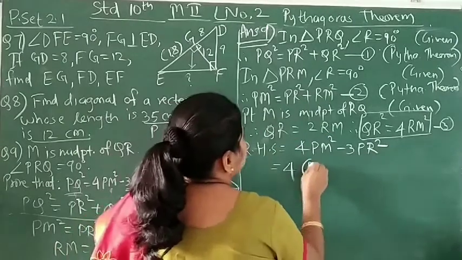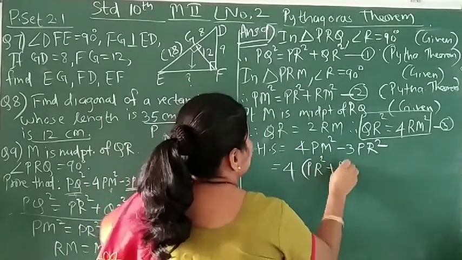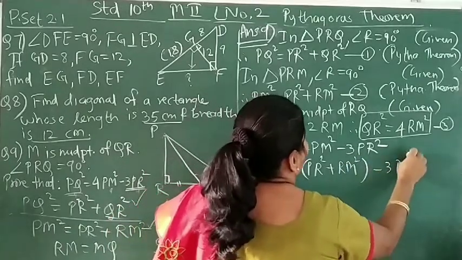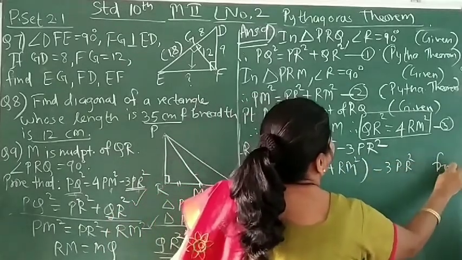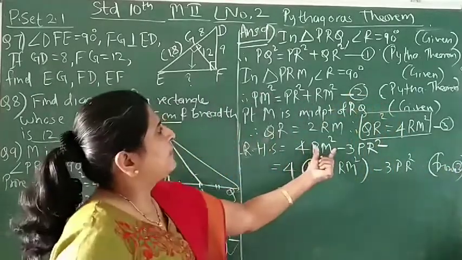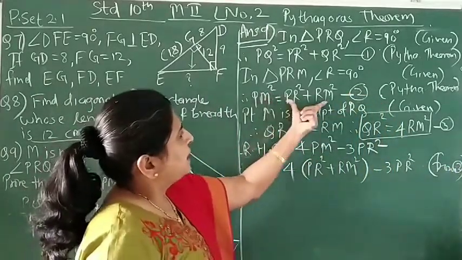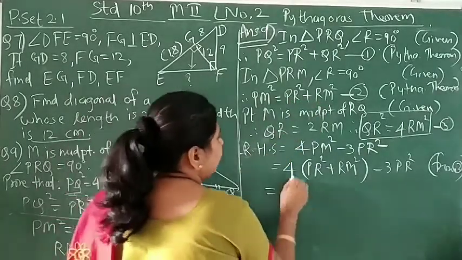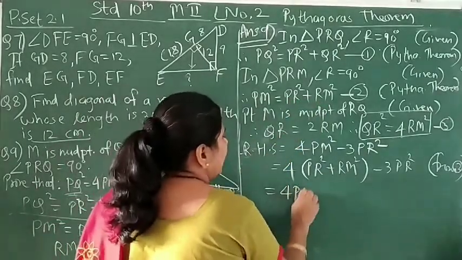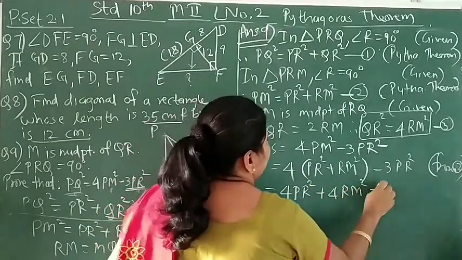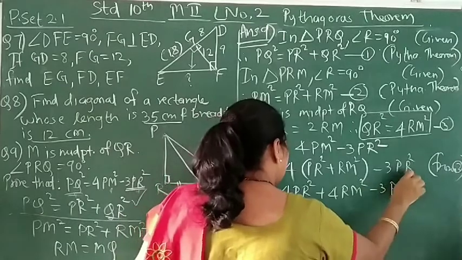Okay, it's PR square plus RM square, minus 3 PR square, from 2. Statement number 2. We have replaced the value of PM square as sum of these squares. Okay. So simplify this. It is 4 PR square plus 4 RM square minus 3 PR square.